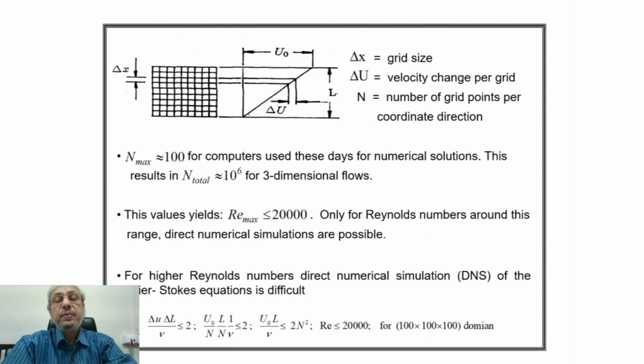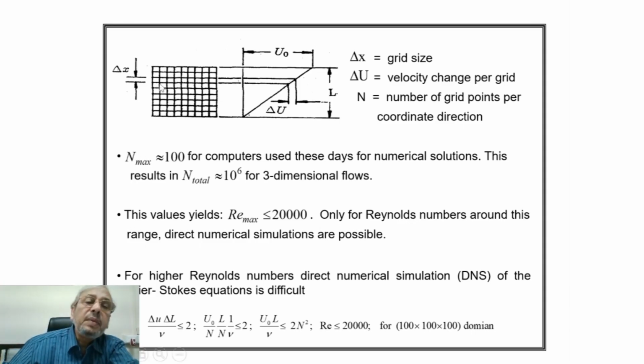Now I will give you a very rudimentary example. This is just to give you an idea. I mean, this is not exactly the reason for not always going for direct numerical simulation, but why direct numerical simulation is difficult, this is one of the reasons I have tried to explain.